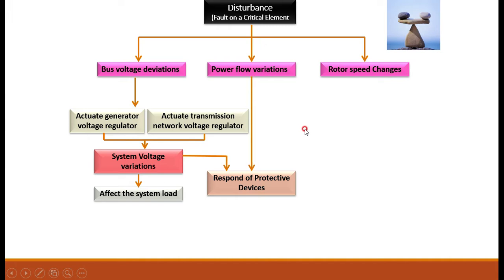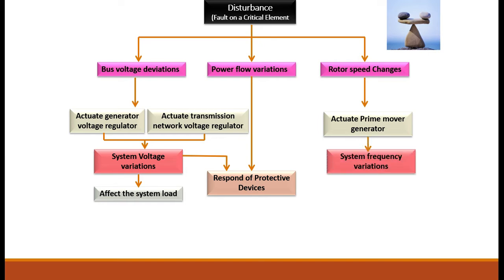Under power flow variations, there is also a response of protective devices. If a variation is detected, you have to take appropriate corrective actions. And for rotor speed changes, actuate the prime mover generator control so that the deviation of the angle delta is minimized.